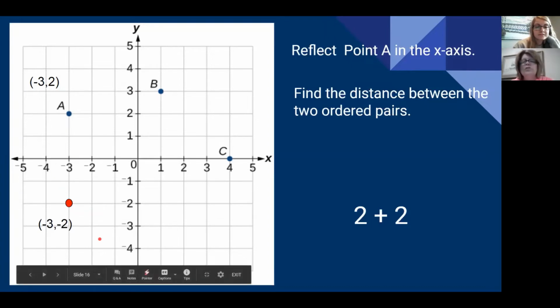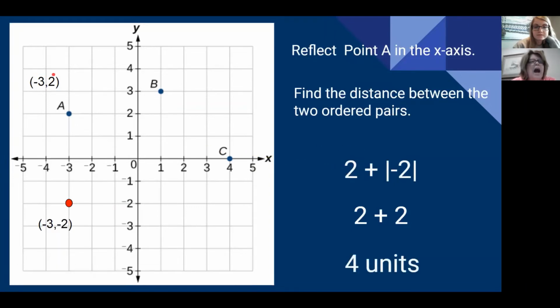But there is also a way to do that mathematically. And what you do is you take the opposite coordinates of the axis you folded over. So I folded over the x-axis, so I'm going to look at my y coordinates.